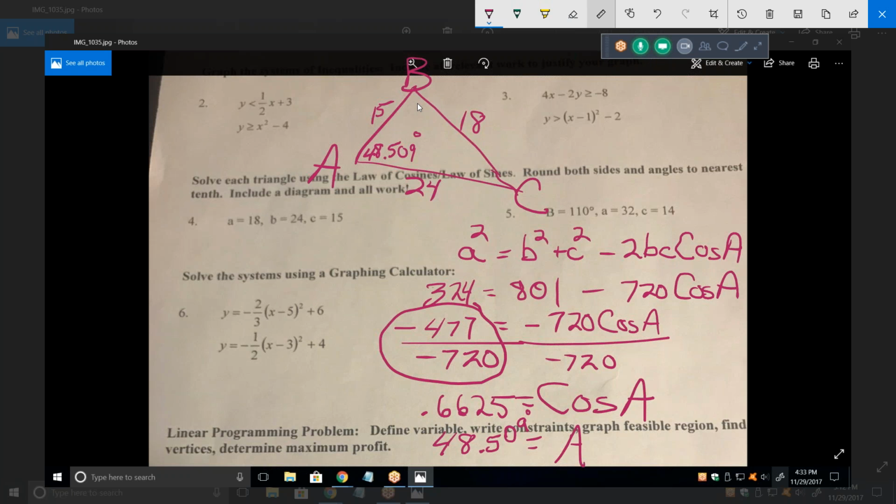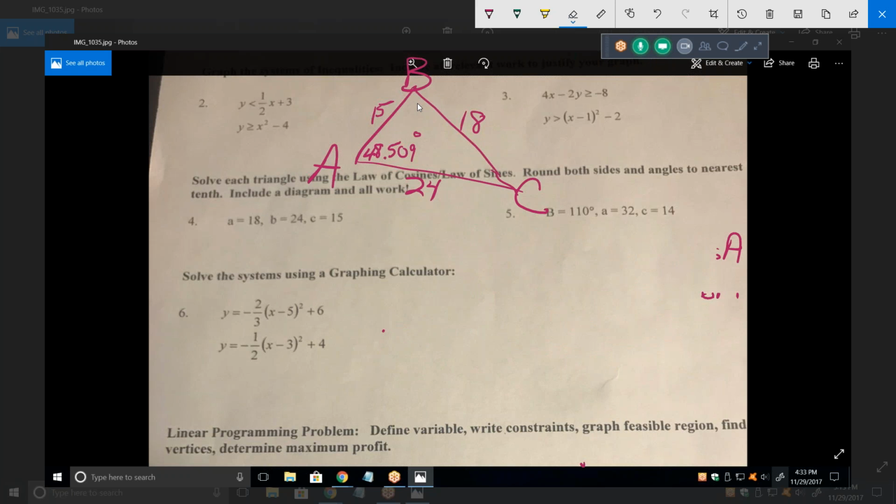Now you do the law of sines. Correct. Let me erase all this. Give me the general law of sines. Sine of big A over small a is equal to sine of big B over small b. You always take trig functions of angles.